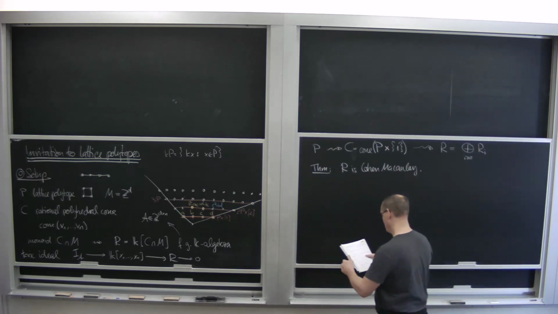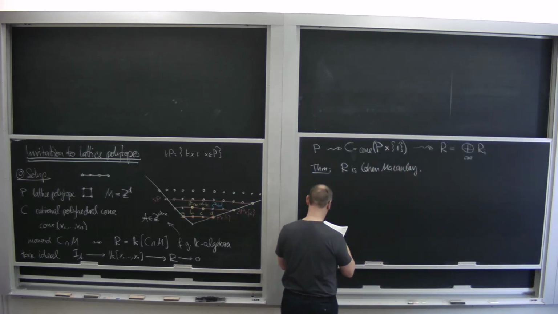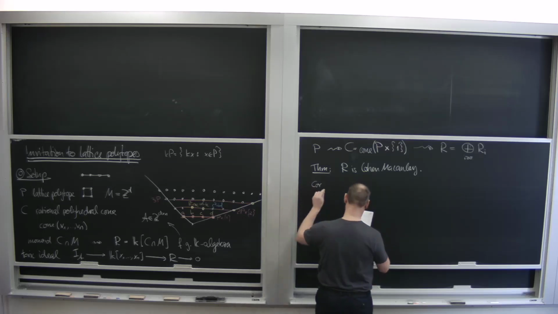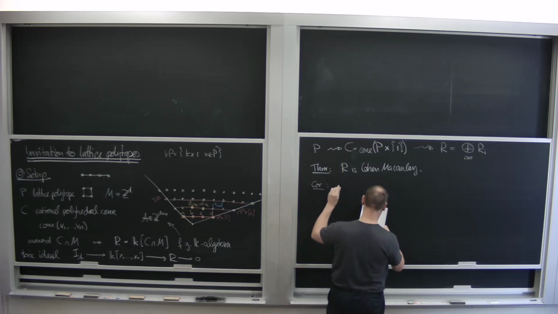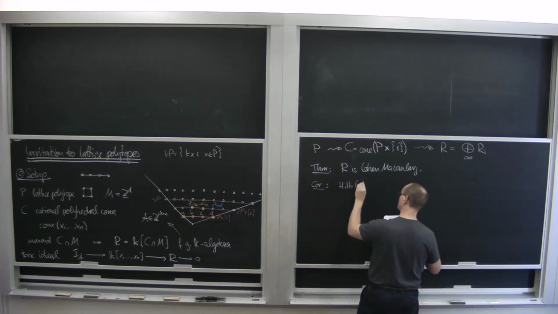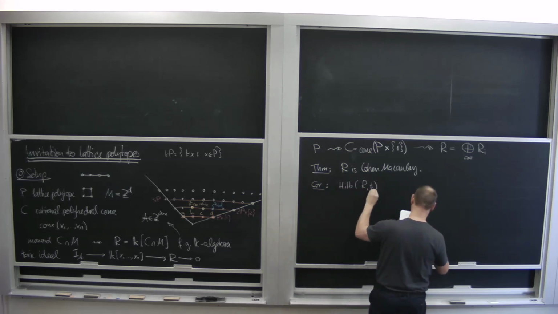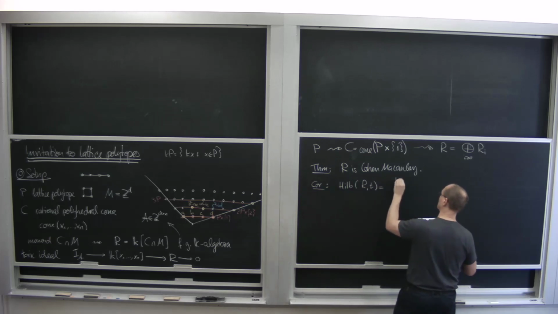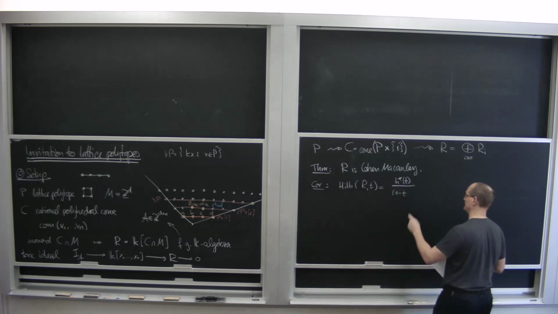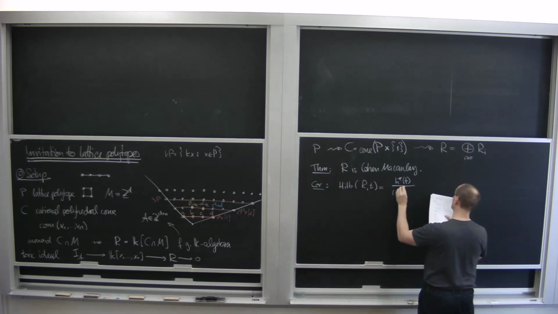So here are some more results. If it's Cohen-Macaulay, then I can write the Hilbert series. Now it's graded, so I can write the Hilbert series as a rational function, where the numerator is usually denoted by h star.